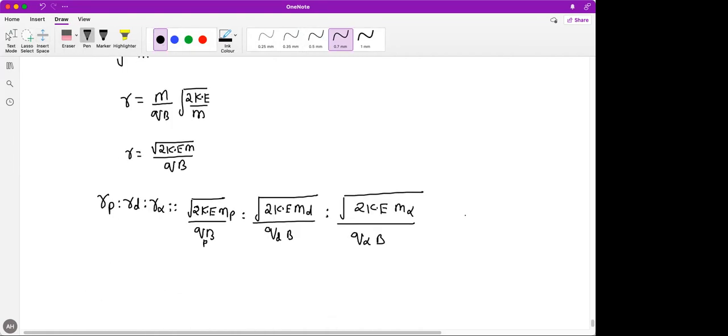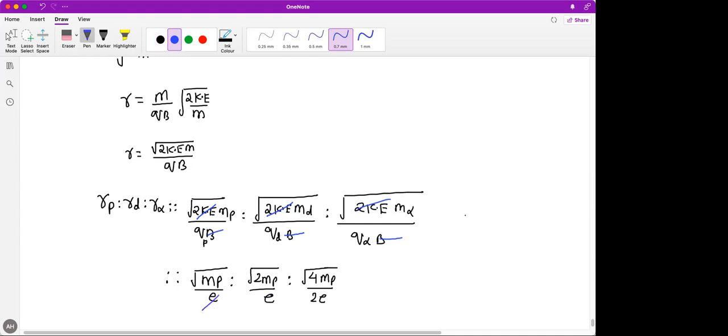So you can write this as, see this. Kinetic energy, kinetic energy, kinetic energy will get cancelled out. B will get cancelled out. So you have mass of proton, charge of proton is e, mass of neutron, which is twice of mp, charge of neutron is e, mass of alpha particle, which is 4mp, charge of alpha particle, which is 2e.